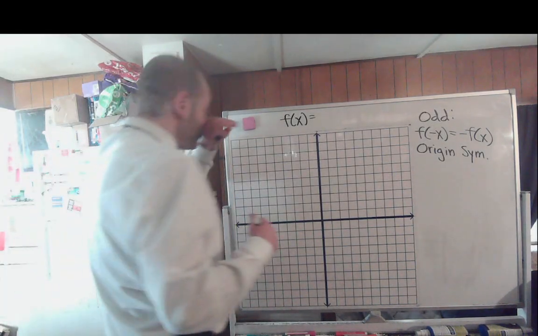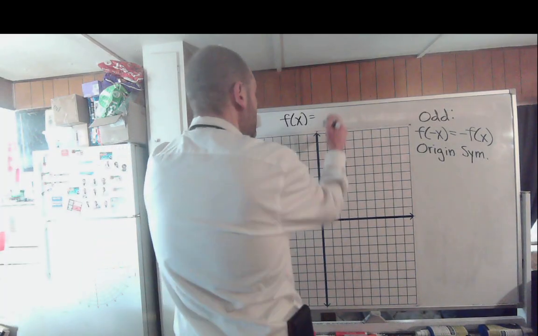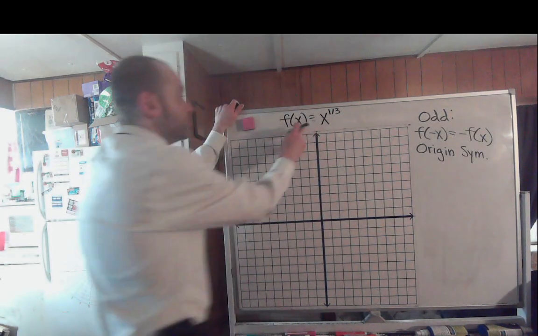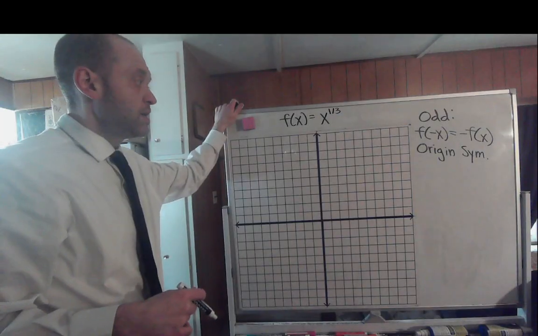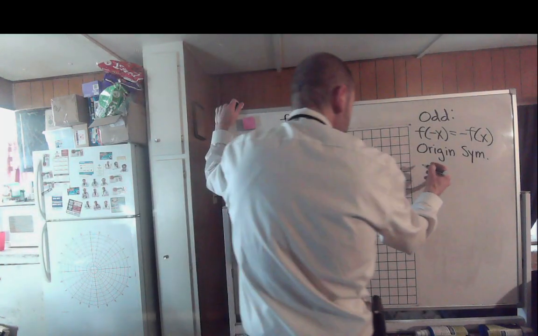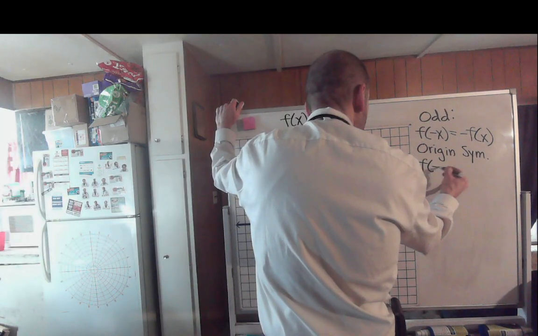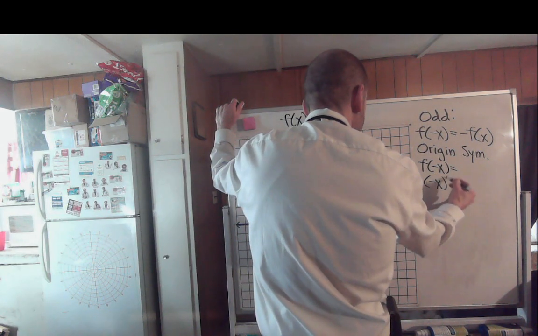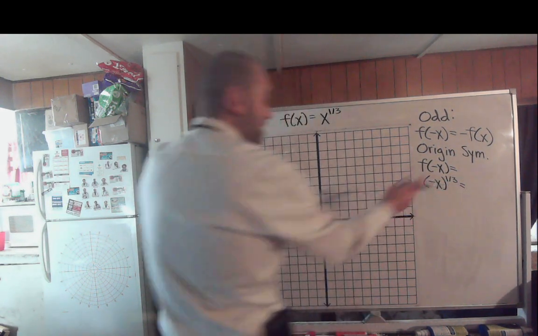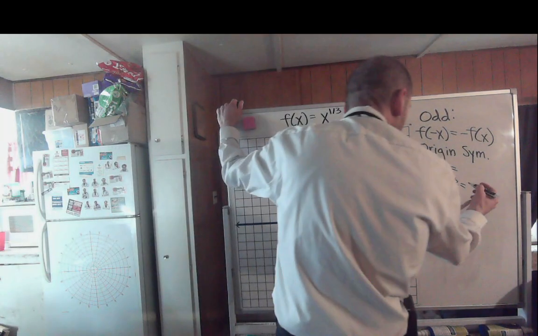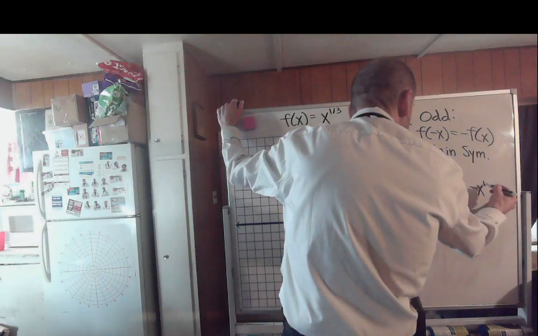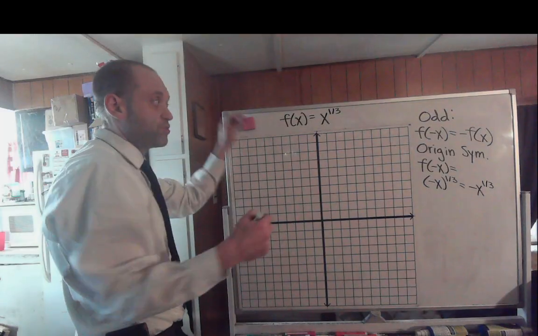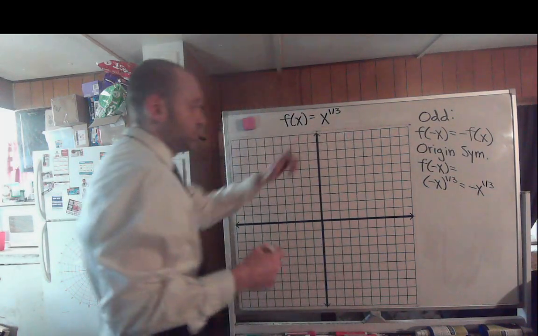Let's do f of x equals x to the 1/3, okay? Algebraically, let's prove it's odd. So I'm going to put in f of negative x. That's going to give me the negative of x raised to the 1/3. Well, negative 1 to the 1/3 is negative 1, so I'll literally end up getting negative of x to the 1/3, which produces negative of f of x. So this proves algebraically this is an odd function.